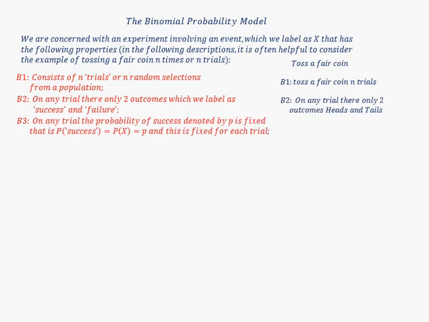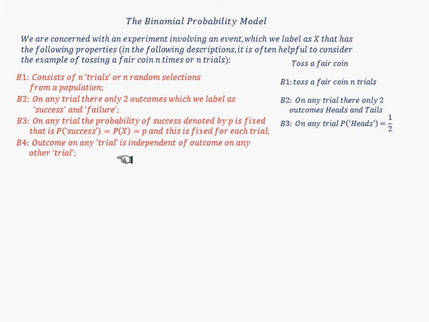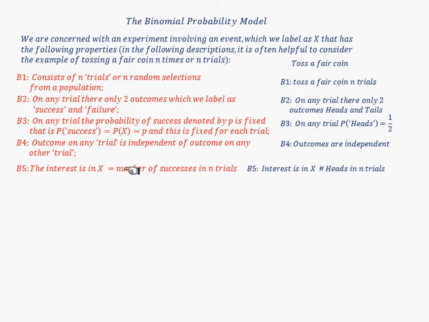On any trial or toss, the probability of success is generated by p, which we label as P of X. And in this case, the probability of heads is equal to a half. The outcome on any trial is independent of the outcome of any other trial. Tosses are independent of each other. And we're interested in the number of successes or heads in the n trials.